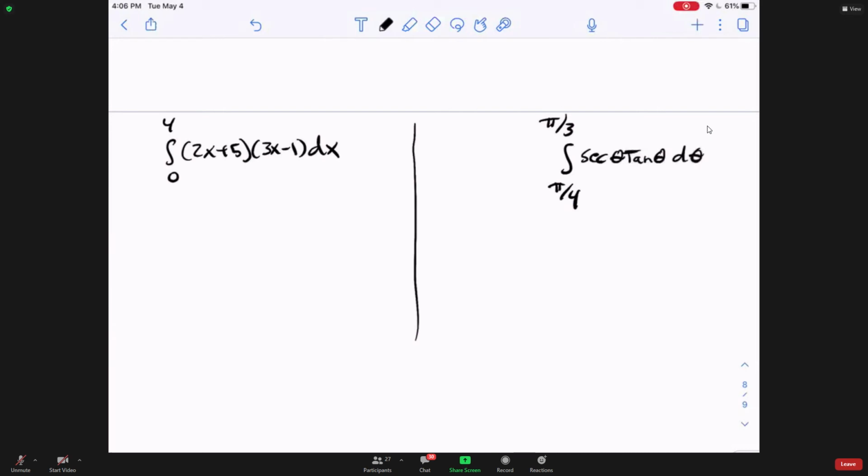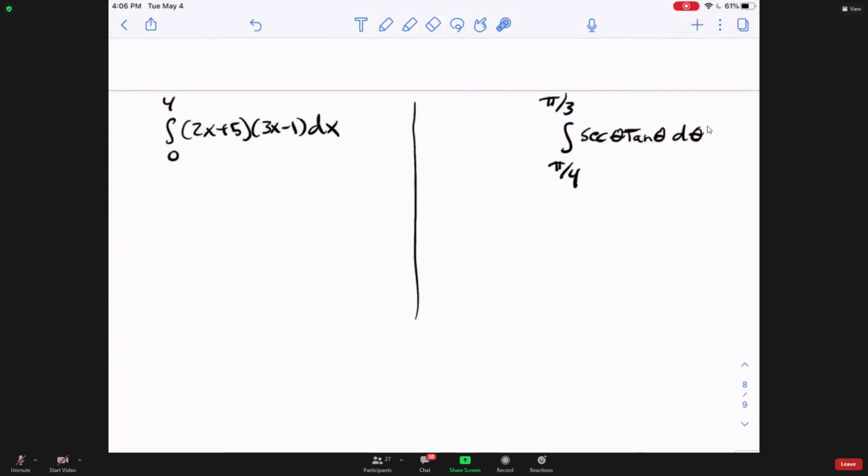In case you can't read the second one, it says pi over 4 underneath, then pi over 3. So pi over 4, pi over 3, secant theta, tangent theta, d theta. So do these two problems and I'll go over them. I'll be right back.